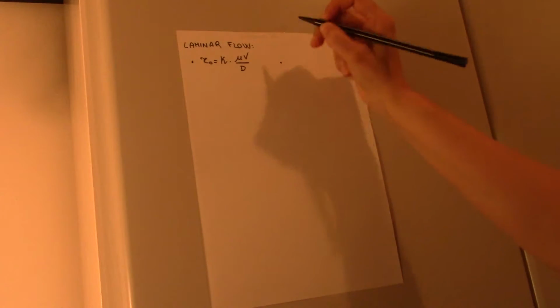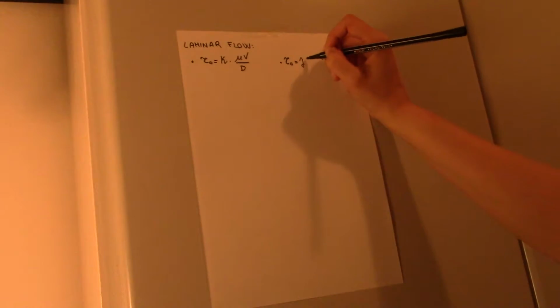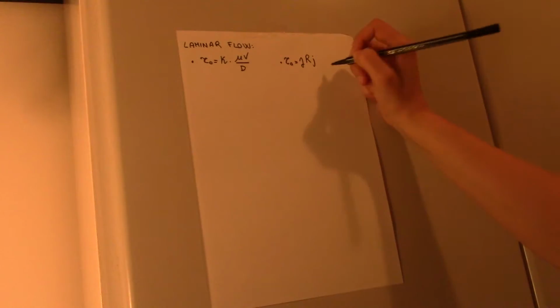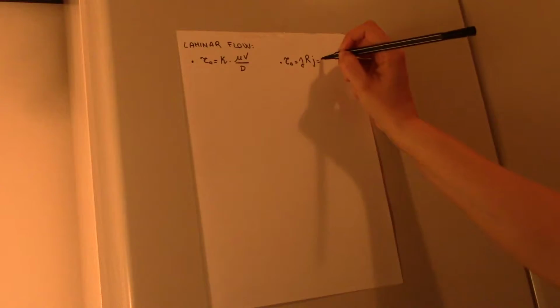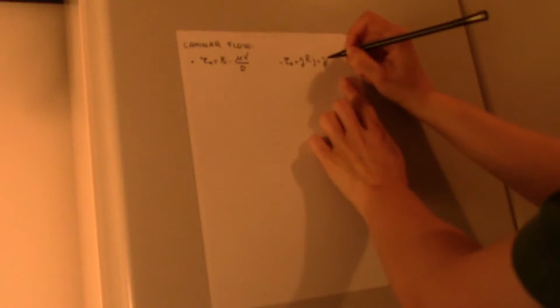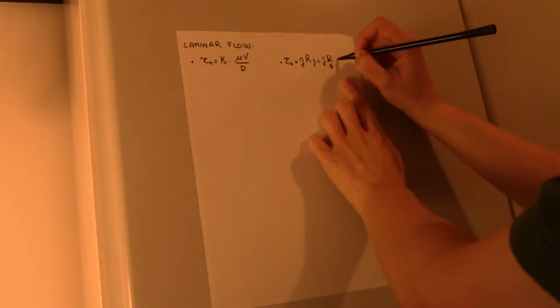The other equation is that tau 0 is given by gamma R J. So in case of a circular pipe, it becomes gamma D over 4 J.